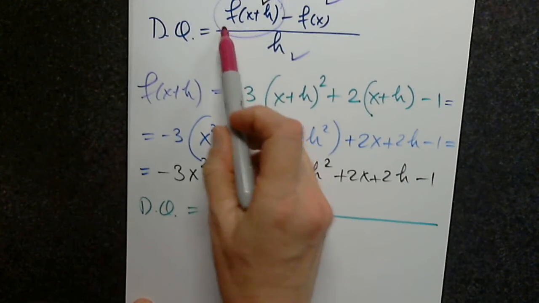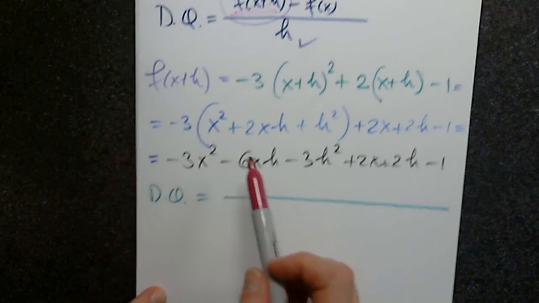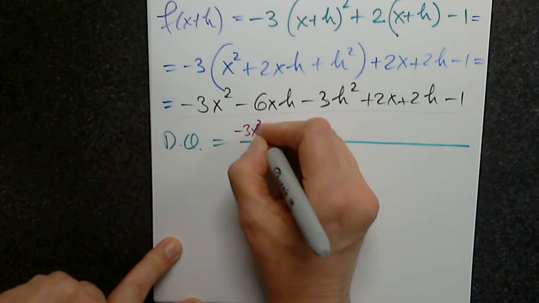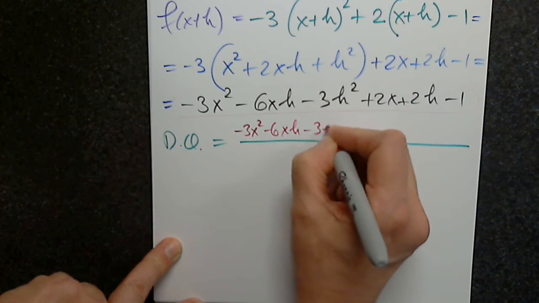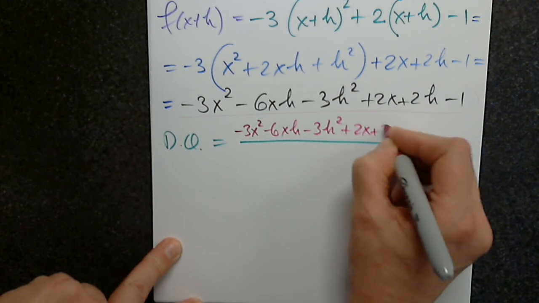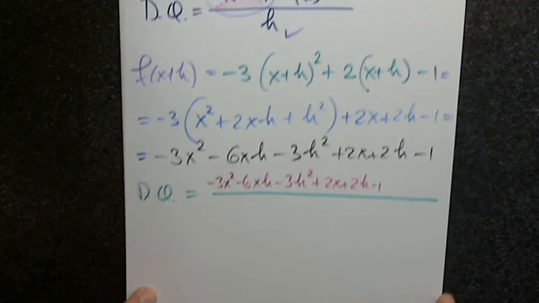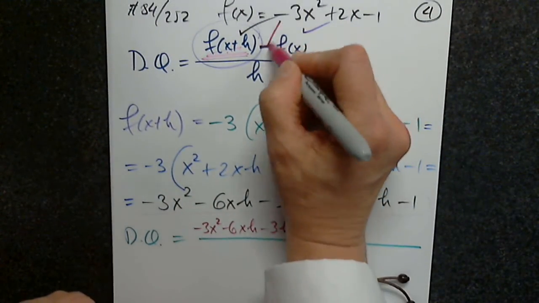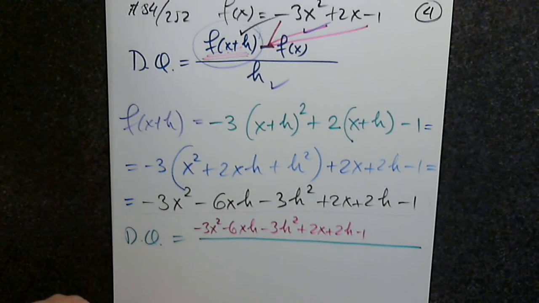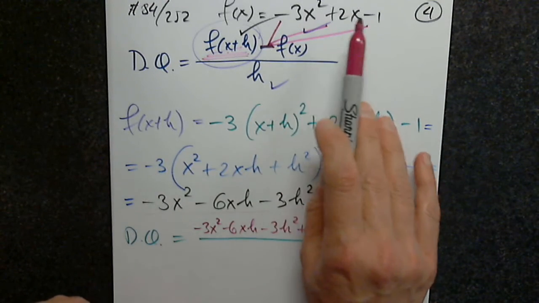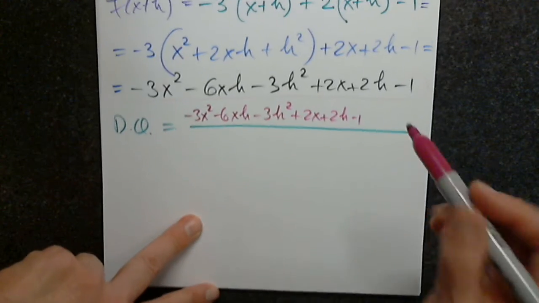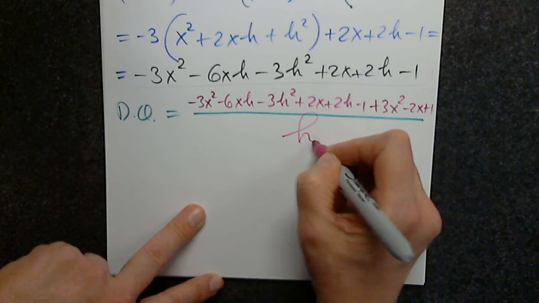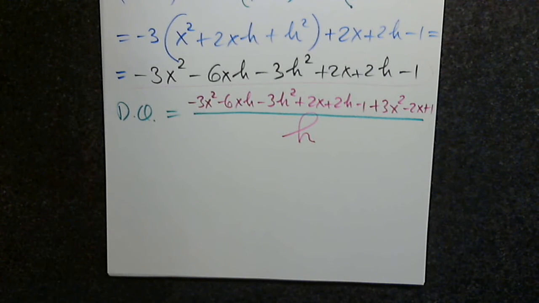Good, so you're going to tell me to copy, instead of this, copy this, right? So -3x squared minus 6xh minus 3h squared plus 2x plus 2h and minus 1. Now remember, the negative sign in front of the function changes all signs that follow. Positive, negative, positive. So I have positive 3x squared minus 2x but plus 1 and h in the denominator.